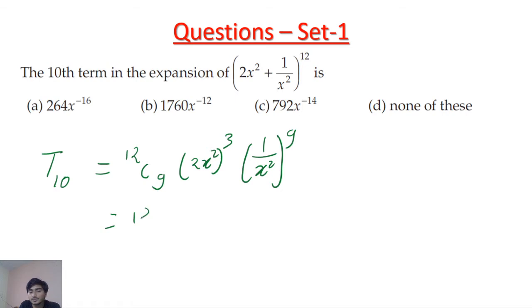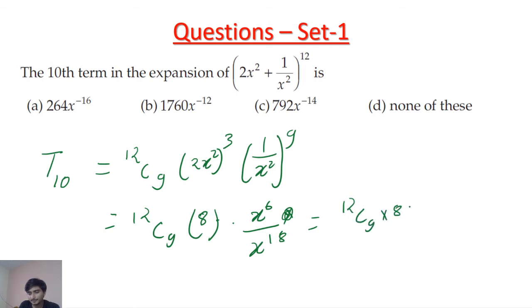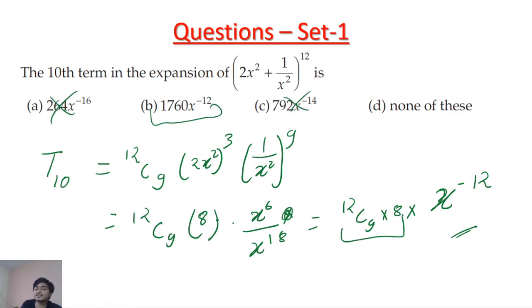So this will become 12C9, 2 to the power 3 is 8, into x to power 6, into 1 by x to power 18. So 12C9 into 8 into x to power 6 minus 18, so x to power minus 12. So this is wrong. Now we need to check if this 1760 is this value or not. Okay, so B is the correct answer.